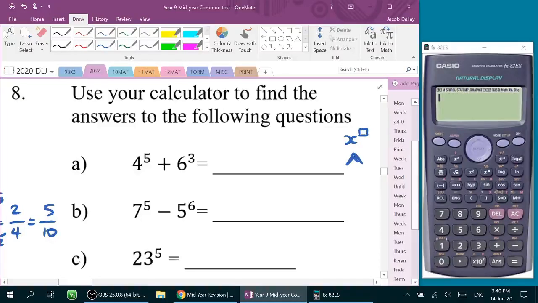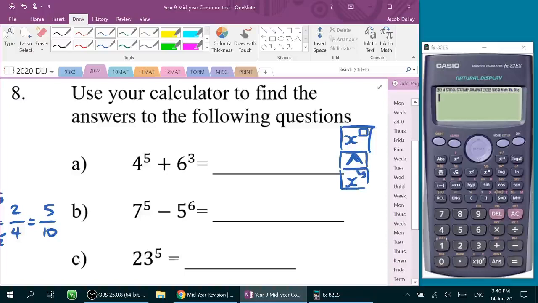So it depends what calculator you're using. And also some calculators use this X with a little Y up there. So you have 3 different buttons possible depending on what calculator you got. But the one I'm using, and most of you will be using if you've got a Casio, has this X with a little box above it.